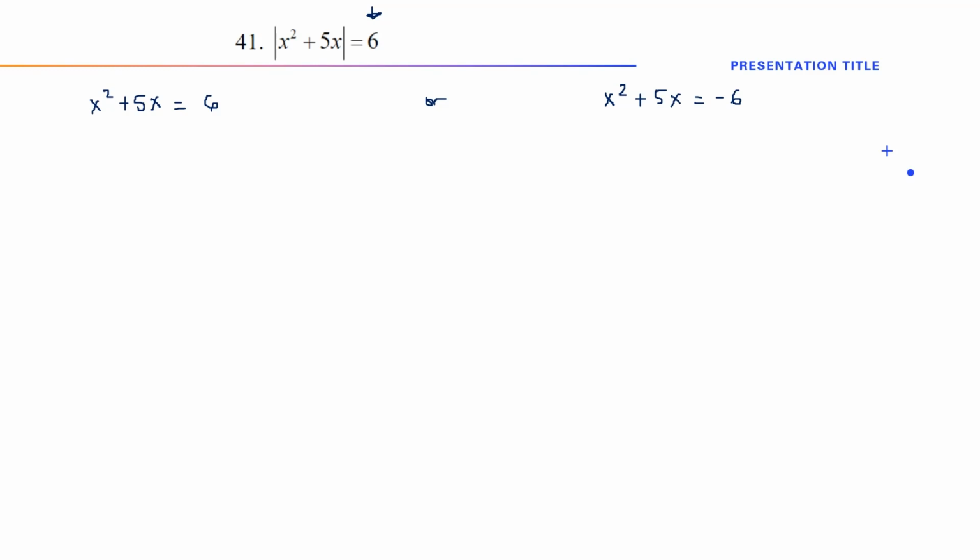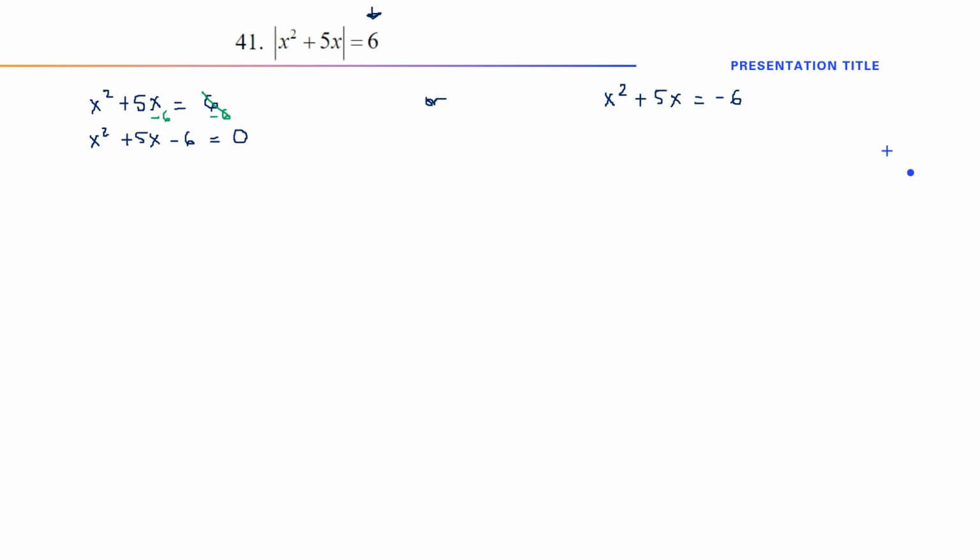So we move the 6 to the left hand side to see if we can factor and solve for x. So x squared plus 5x minus 6 equals 0. And the step behind this is we subtract 6 from both sides.